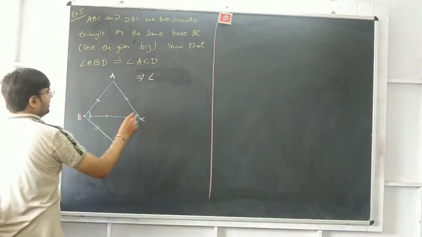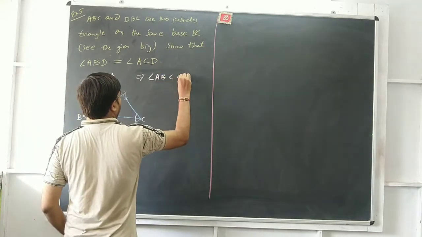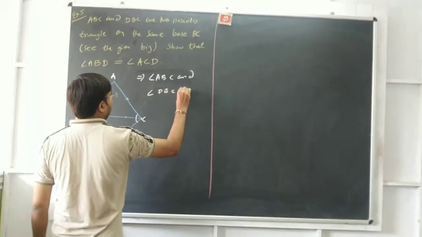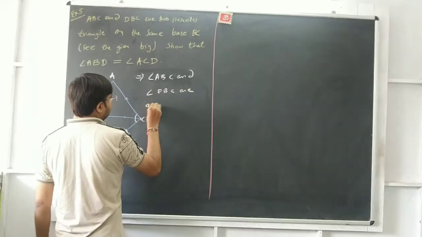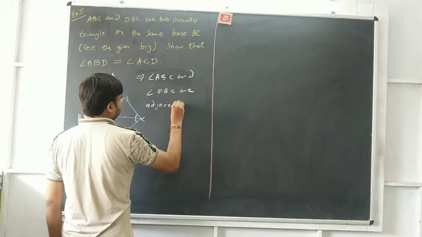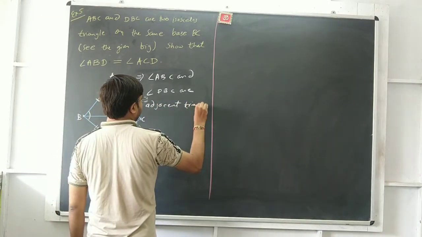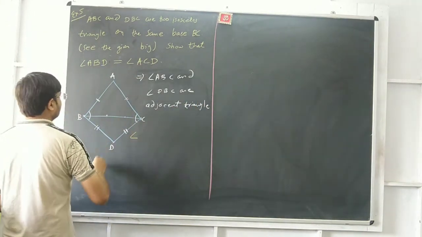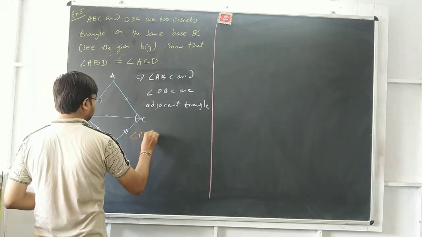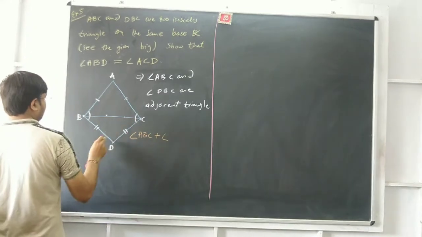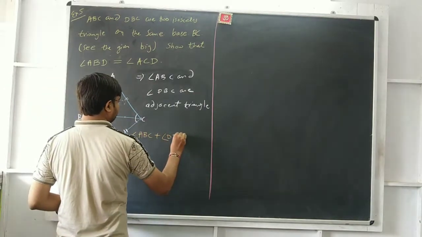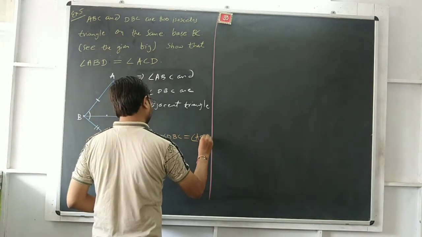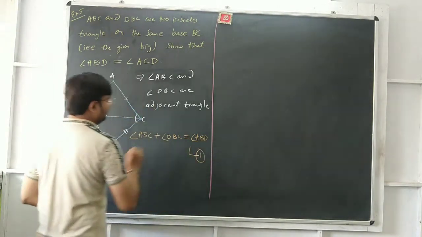Angle ABC and angle DBC are adjacent angles. So I can write that angle ABC plus angle DBC is equal to angle ABD. This is equation number 1.